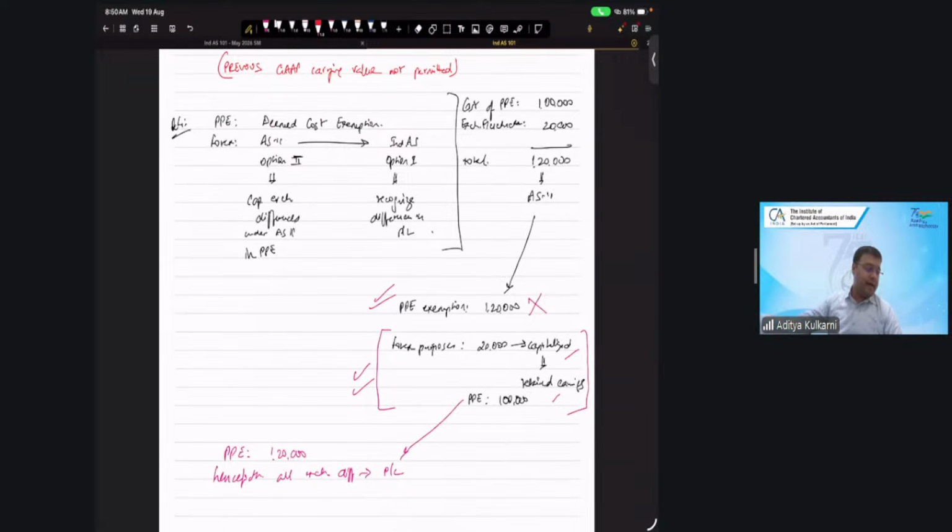So basically, for PPE, or intangible asset or investment property, whatever it is, there are two options, always two options.